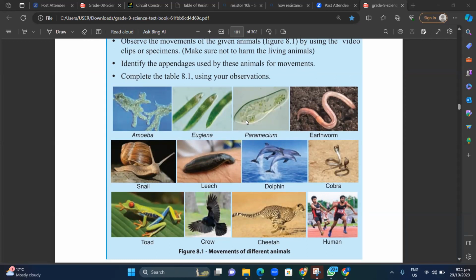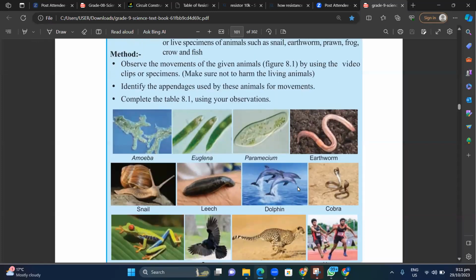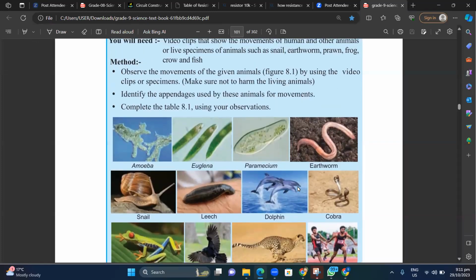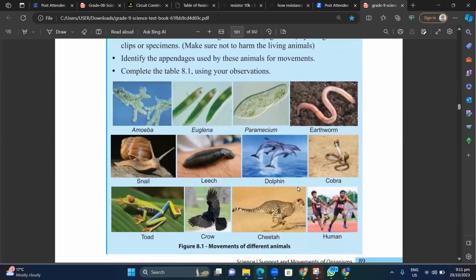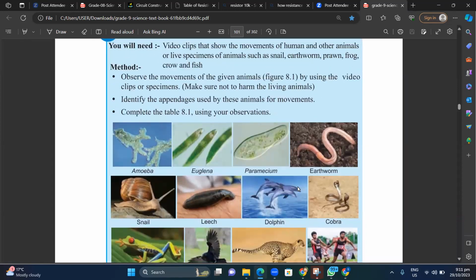These are microorganisms, but still they are showing some movements. Also annelida and mollusca, then mammals, including us, arthropods, all are showing some kind of motion. But type to type, animal to animal, plant to plant, these movements are totally different, right? They can be different, but there are some similarities as well.